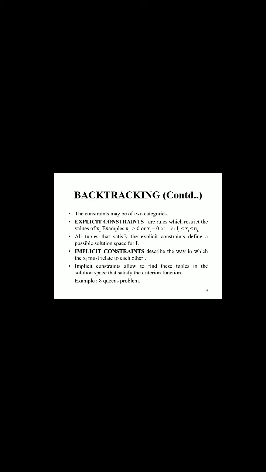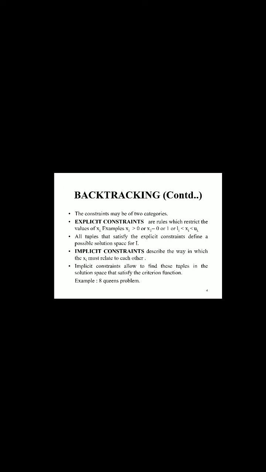What is the restriction on the values of xi? The xi values must lie between 1 to n. So xi is always a distinct integer ranging from 1 to n.